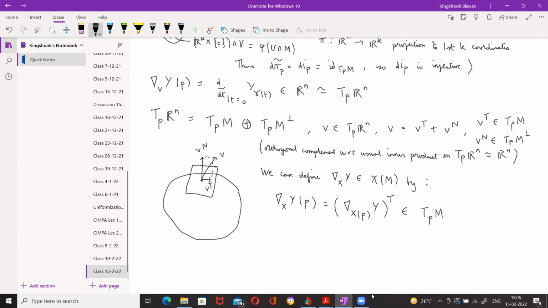So to define this covariant derivative, we're using the Euclidean inner product structure on R^n. Okay, so now let me get back to the notes. This was some motivation.